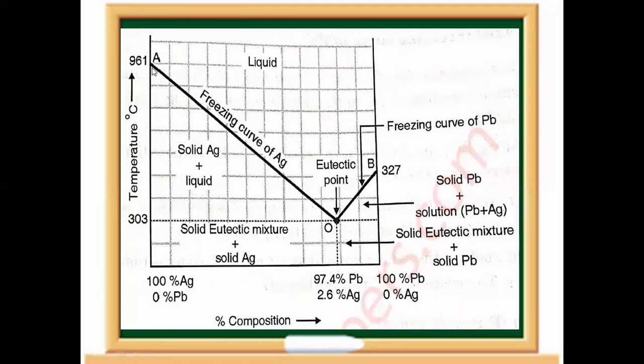Now, there is one curve AO, then there is this curve BO. This curve AO and curve BO, they are meeting at point O. Then there is this area AOB, ठीक है?